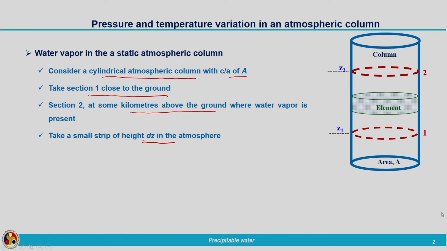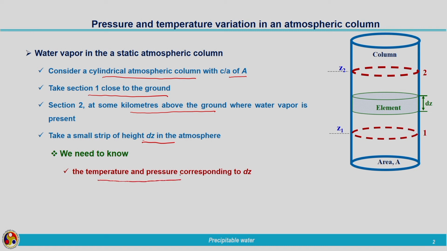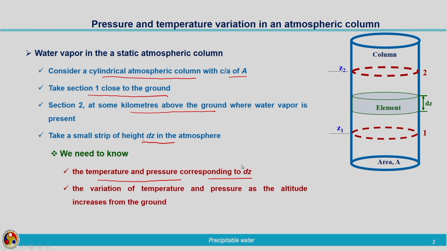This is the elementary strip which is having a depth of dz. Now, we need to know how much is the temperature and pressure corresponding to this dz, that is, the variation of temperature and pressure as the altitude increases from the ground.